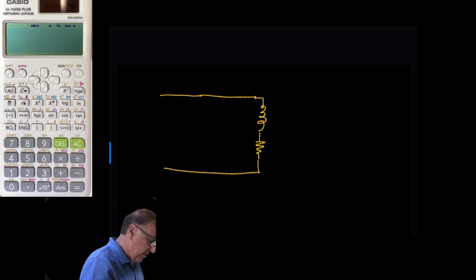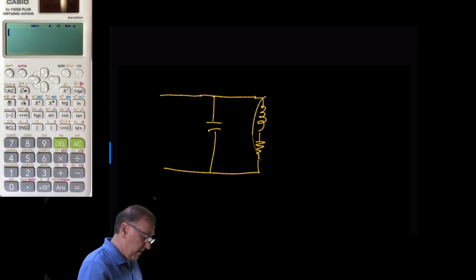We just moved the inductor to the side here. Now they're in series, but now it's going to be easy to write an equation for that. So we have a parallel combination of the capacitor and the inductor and resistor in series, so we can say 1 over Z total.